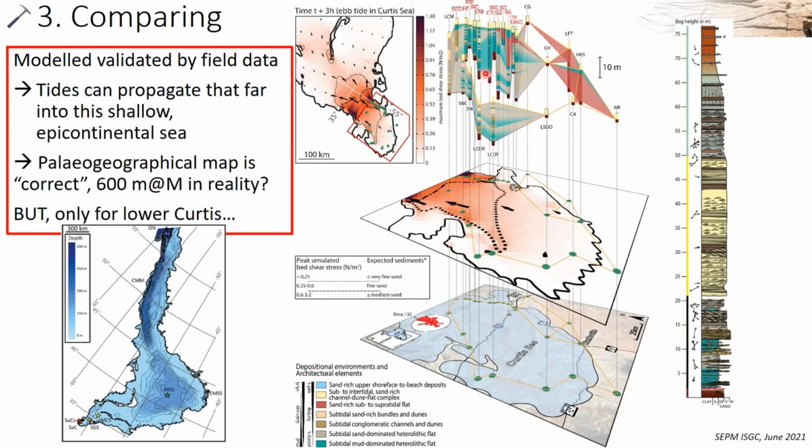In light of that, could you possibly do some sensitivity testing on the geometry of the outline of the sea, to say, if it was this wide, how much effect would that have? This is what the next step in the modeling is. Now that we have a palaeo-bathymetry, we'd have to add the relief on the continental side, and see, if we keep the geometry but flood these areas, maybe the coastline moves to here, or if we have a relative sea level fall, maybe the coastline moves halfway into this area.